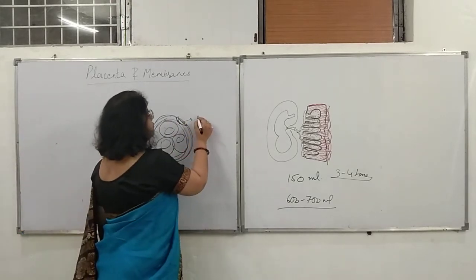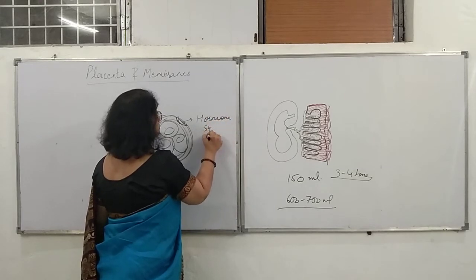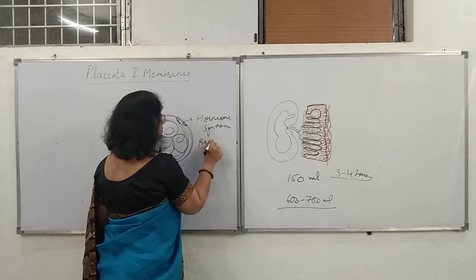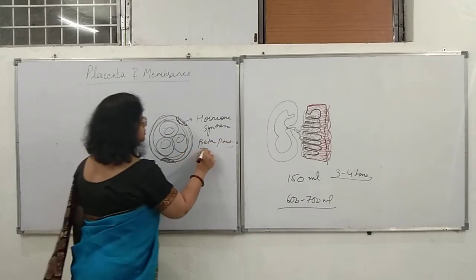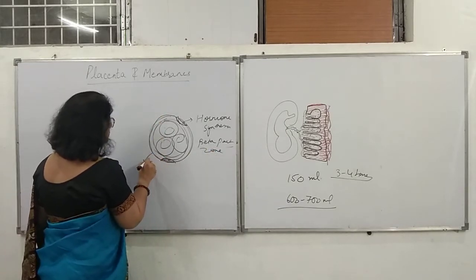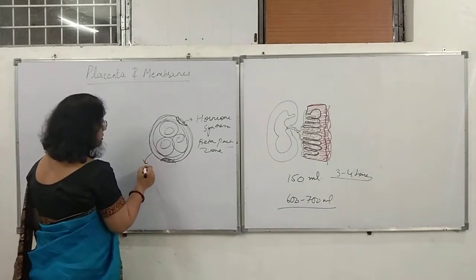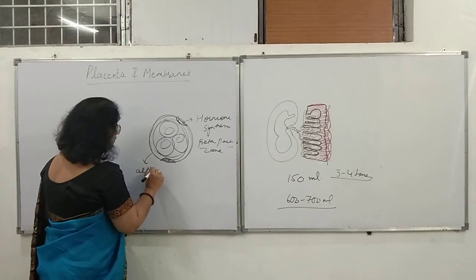So these thicker parts are mostly the places of hormone synthesis, and they are called the beta zone. The thinner places are the places for placental exchange of gases and other things, and they become the alpha zone.